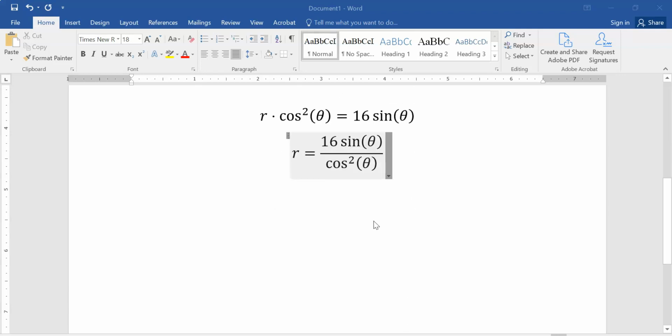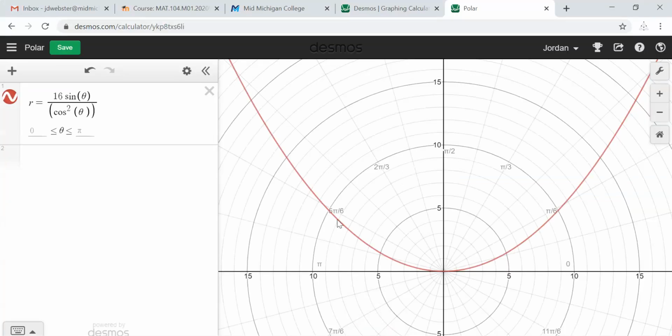So you end up with r equals 16 sine theta over cosine squared theta. And if you want, you can use a calculator to graph that and see, in fact, that you do get the same parabola that you would have gotten using rectangular coordinates. All right. So that's the idea.